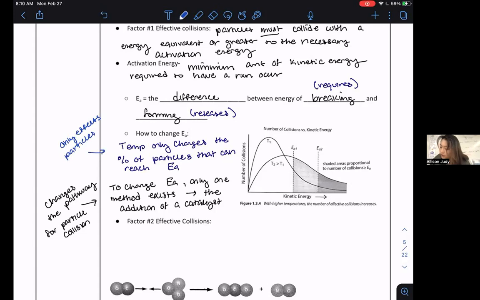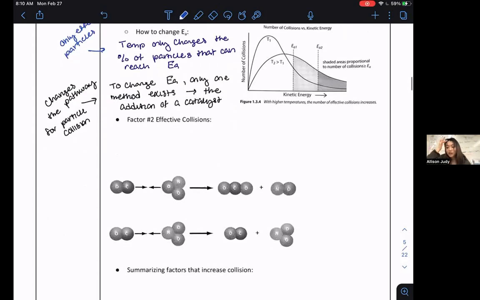so there's one more factor to consider, and that is the positioning of the particles. This ties directly in with the idea of particle pathway or mechanism: the way the particles collide also impacts the effectiveness, or the success, of a reaction's completion.